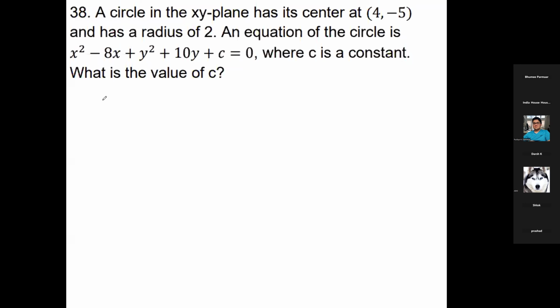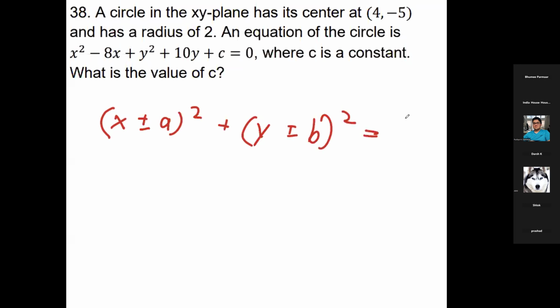Well, the first thing we want to do is try to get this into the circle equation form, which would be x plus or minus some value, squared, plus y plus or minus another value, squared, equals some radius squared.